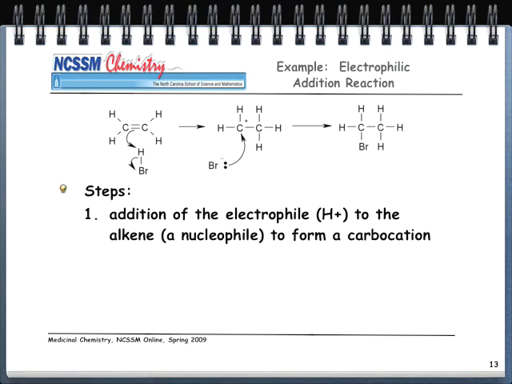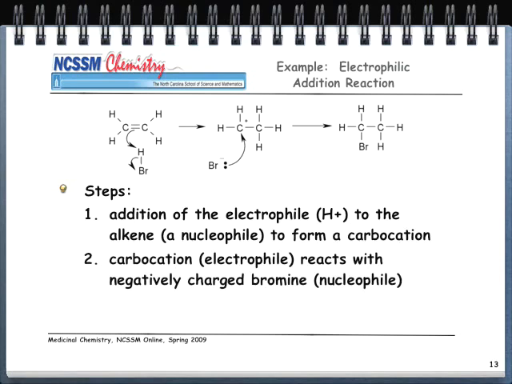So we add that hydrogen plus to the double bond, and that forms a carbonium, or the carbocation is probably a better term for it. Okay, and now we have the carbocation, which is an electrophile, reacts with the negatively charged bromine, which is a nucleophile. Okay, so some new terms there. And the final product is the bromoalkane, and that's called an electrophilic addition reaction.